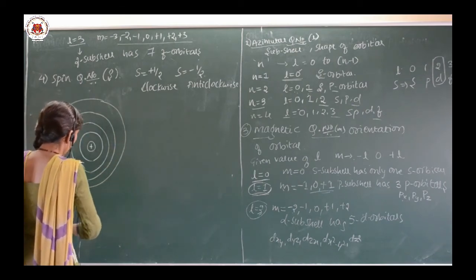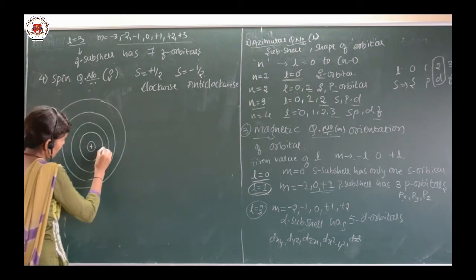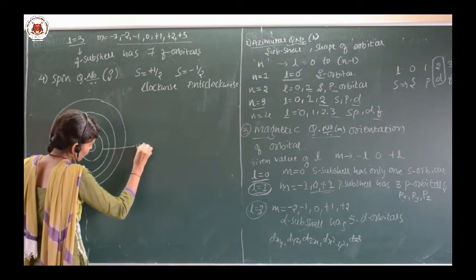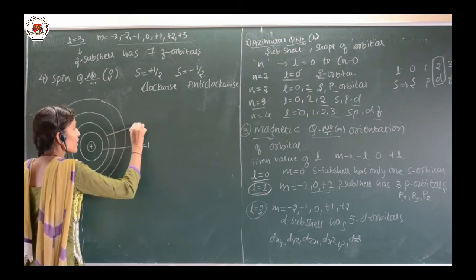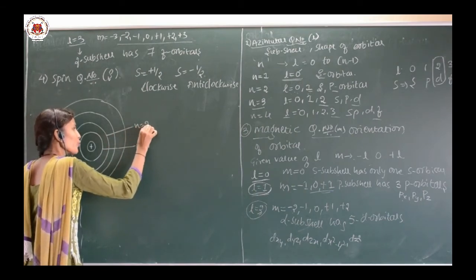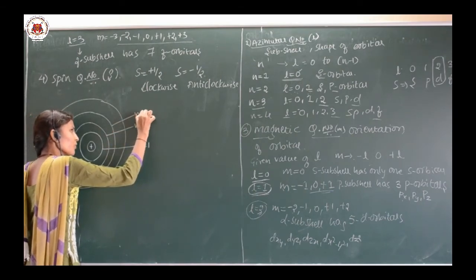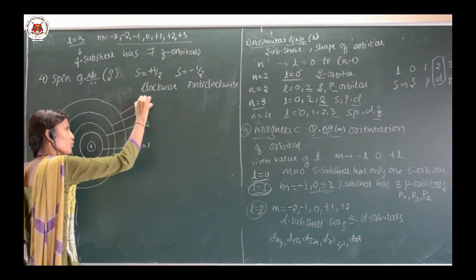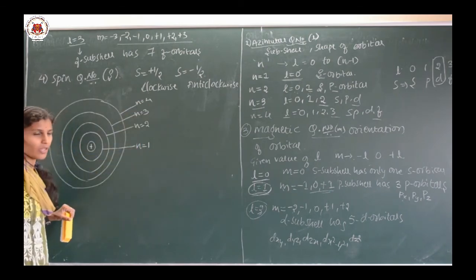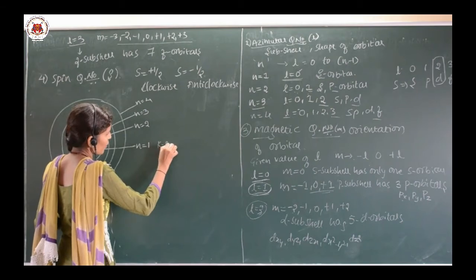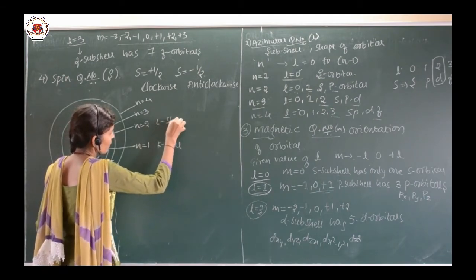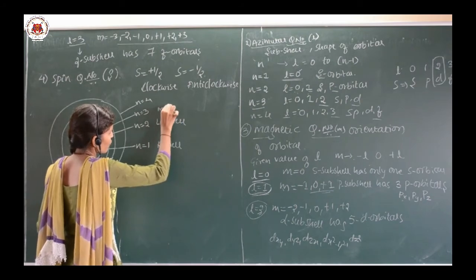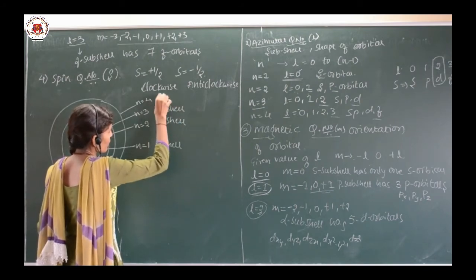Nucleus here, then n is equal to 1, here n is equal to 2, n is equal to 3, n is equal to 4. And this is the K shell, this is the L shell, this is the M shell, this is the N shell.